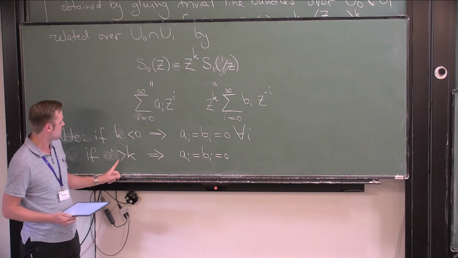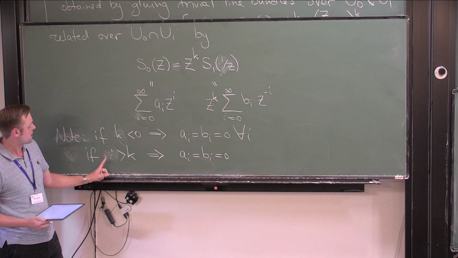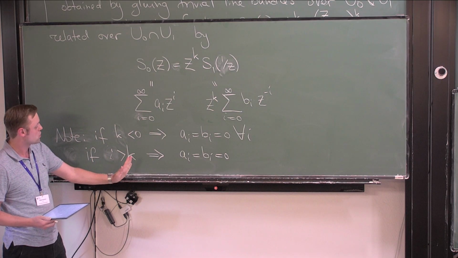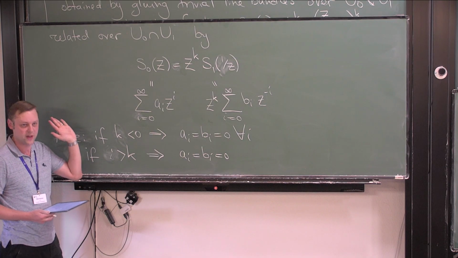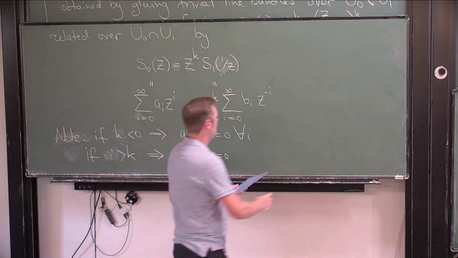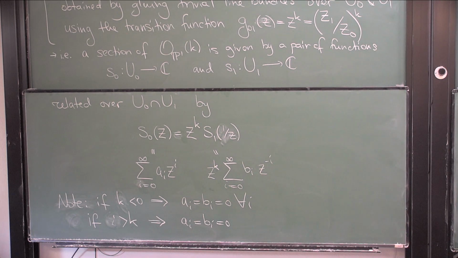In particular in that case, if k is positive, then all the coefficients, the powers of z from 0 up to, but not including k, don't have to vanish. They are genuinely free parameters that I can modify to get degrees of freedom.